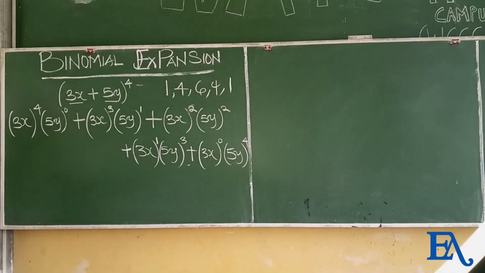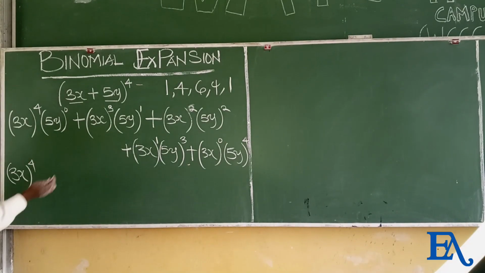Alright, we have 3x raised to the power of 4. 5y raised to the power of 0 is 1, and 1 times this is this.